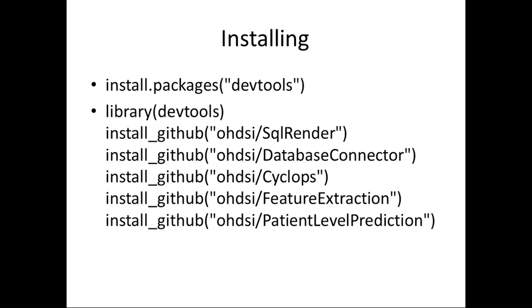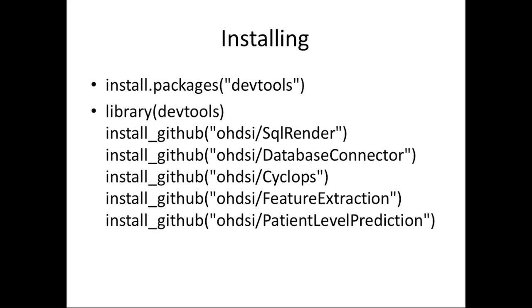So then if you want to install our actual package, the first thing you need to do is install devtools in R. So once you've got R, just run install.packages devtools. Then you load the library devtools, and that means you can then install packages from GitHub. So once you've got devtools loaded, you can then install SqlRender, DatabaseConnector, Cyclops, FeatureExtraction, and PatientLevelPrediction.